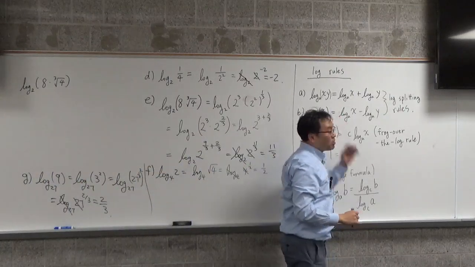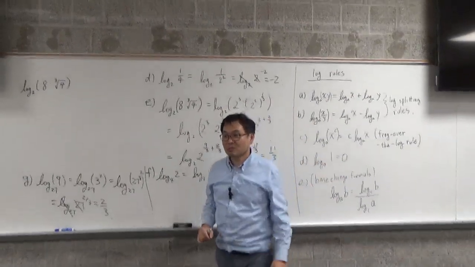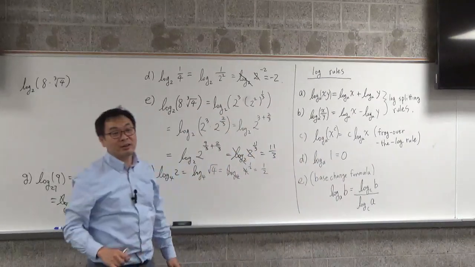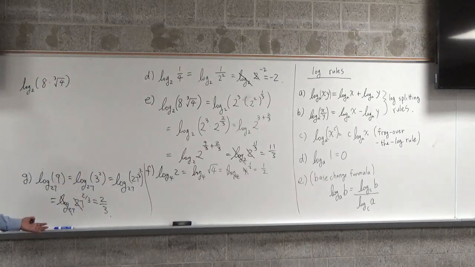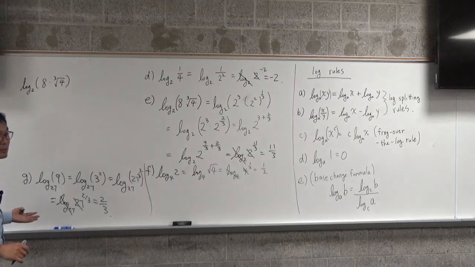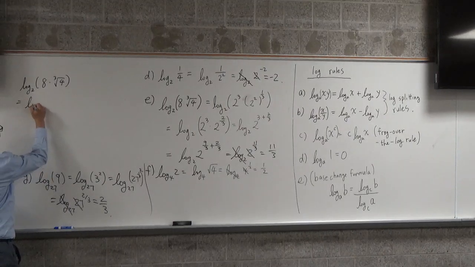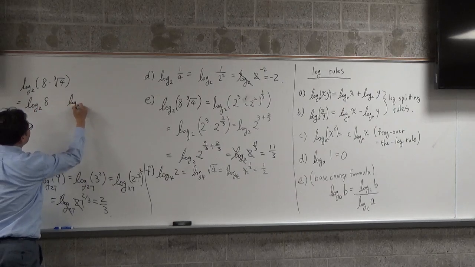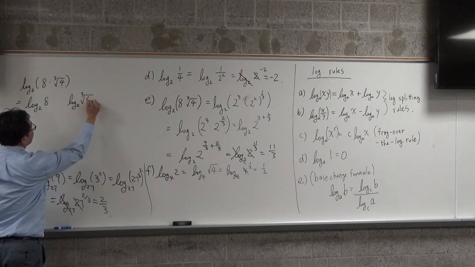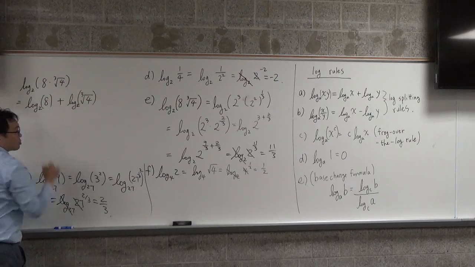So if you have multiplication inside the log, what does the rule say? You can split the log and put an addition between them. So you can rewrite this as two logs and put an addition between them.